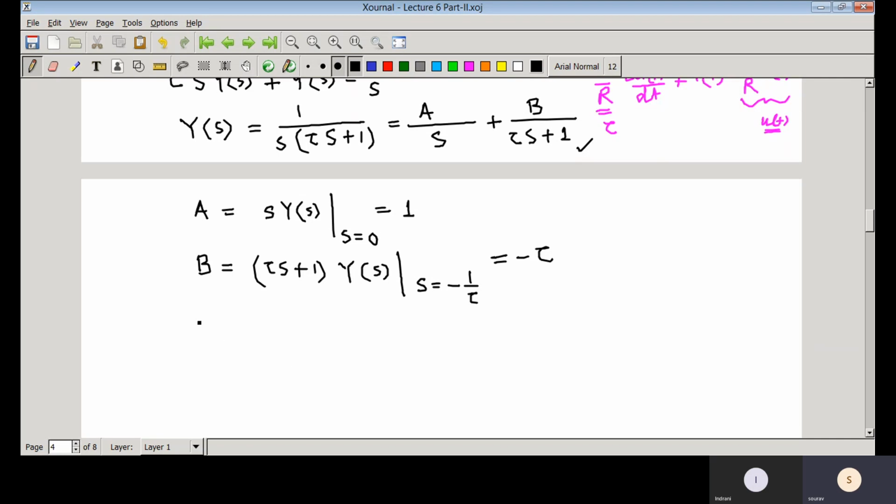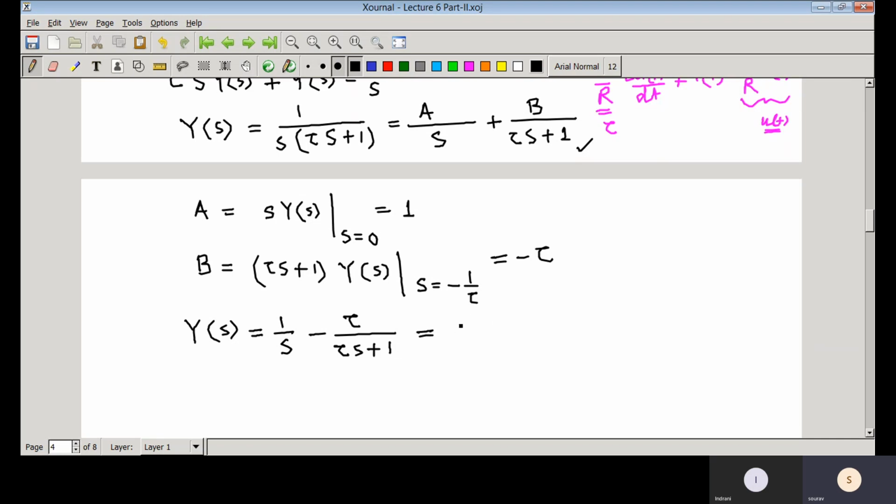So then Y(s) equals 1 by s, just I am replacing those coefficients into tau by tau s plus 1.